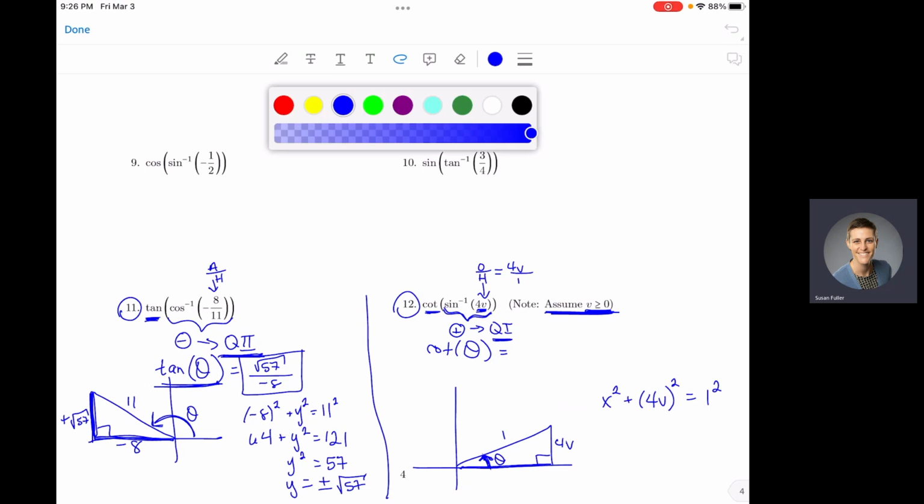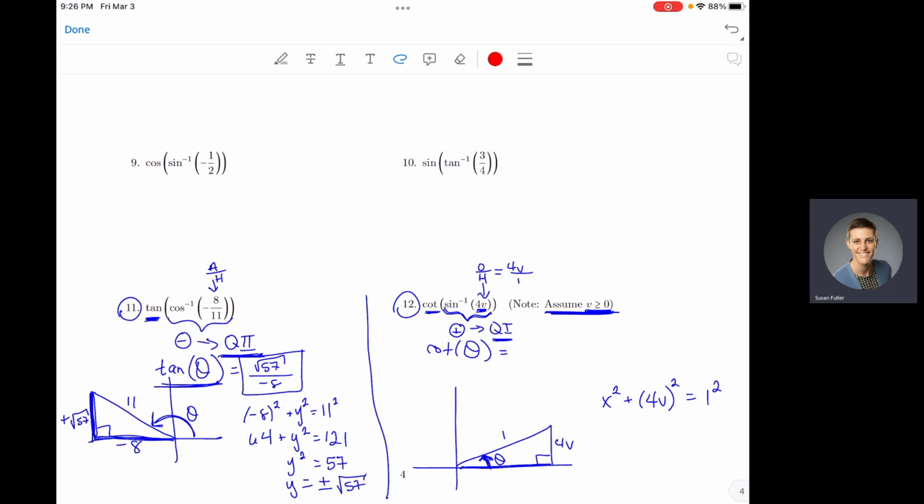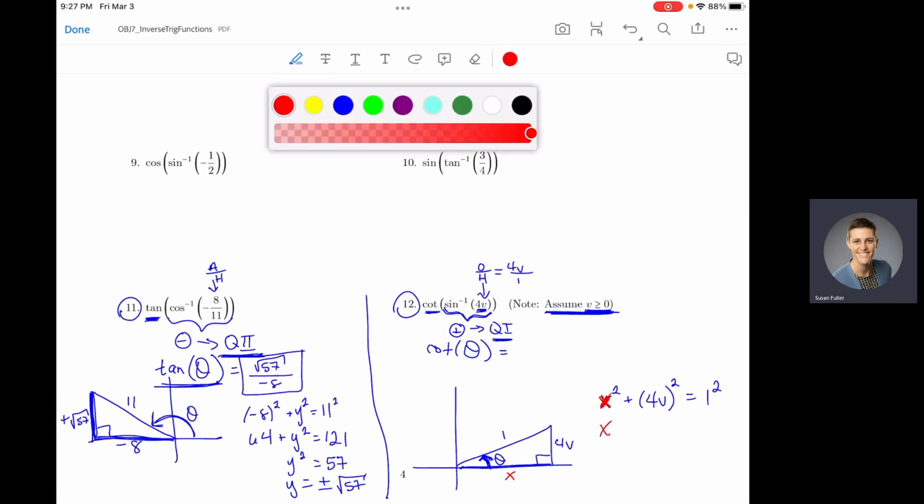Just to make sure I'm clear with what I'm solving for, this x is what I'm solving for. This v over here is just a variable, and we're going to have these in our answer, but x is the side here. That's what I'm really solving for.